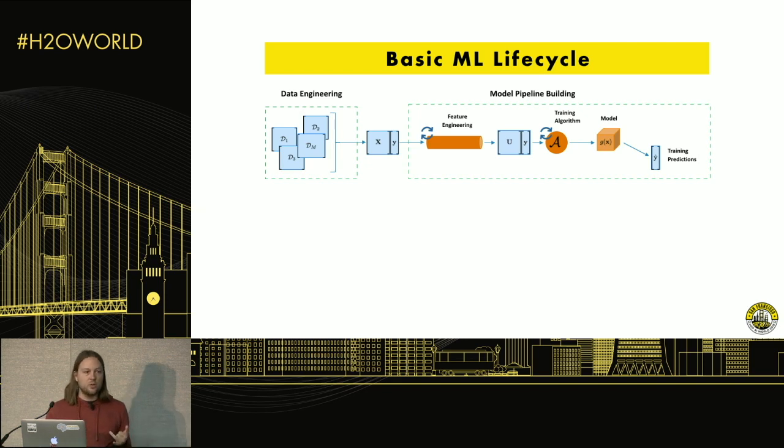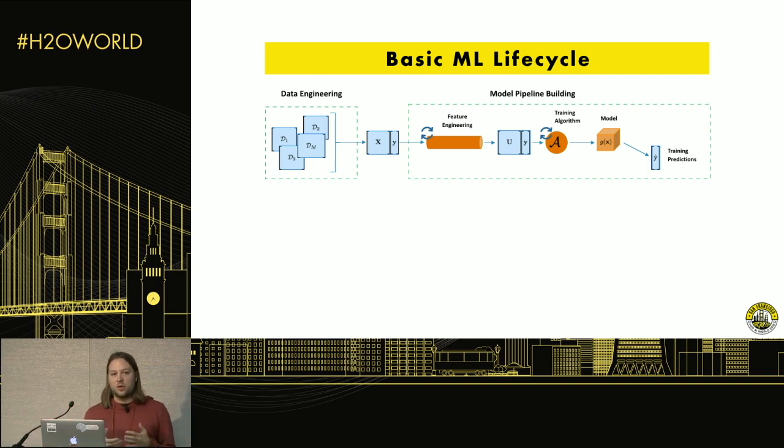Before you train a model, you usually want to do some feature engineering to get the best model out of the data you have. This can also be an iterative process, in the same way as the model training itself can be. It can be AutoML, you can use stack ensembles, whatever modeling technique fits your needs. And then you come to have some model which you want to actually deploy to production.